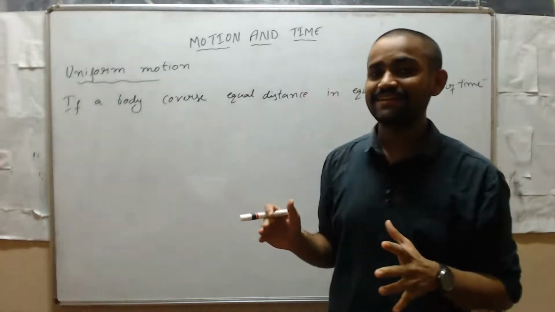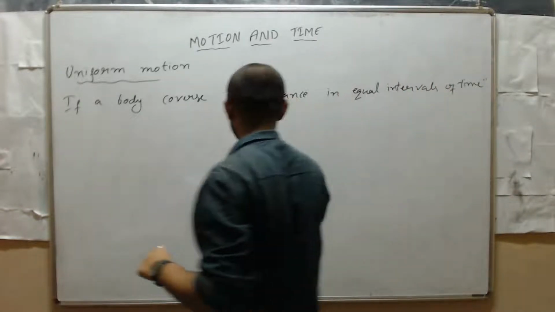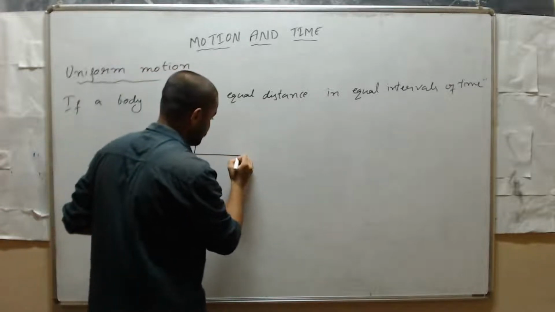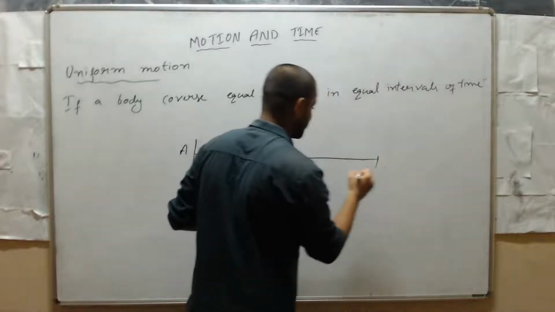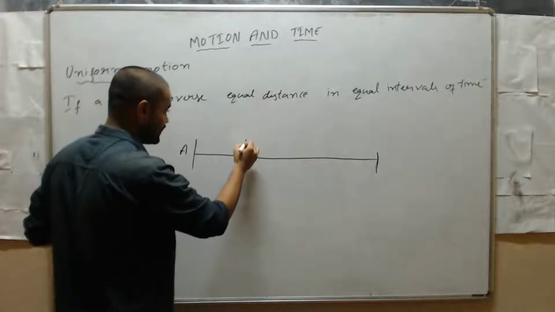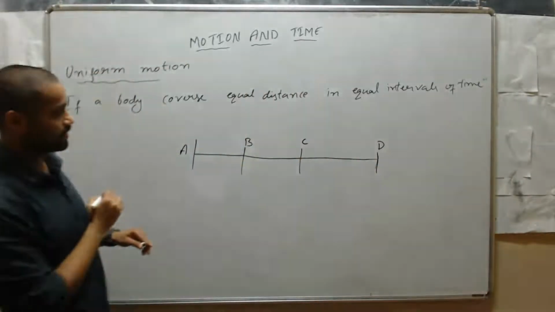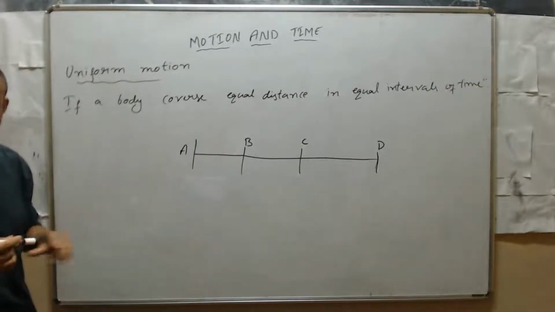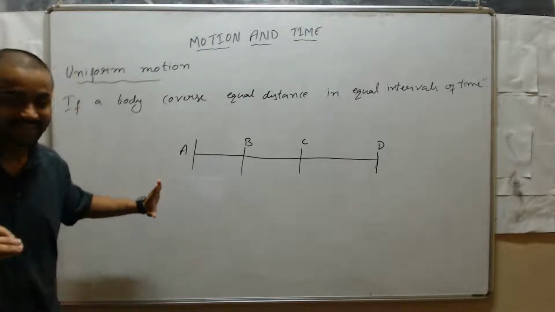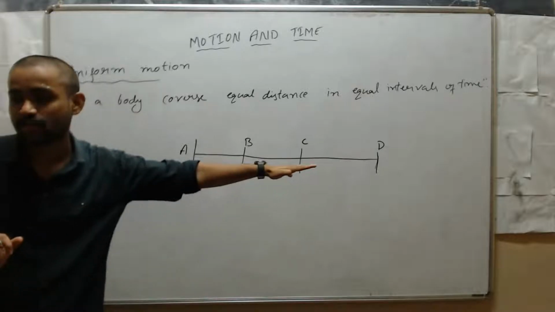Okay, sir, what does it mean? Now concentrate here. See here, from A, here it is B, here it is C, and here it is D. Assume that this is a straight road.